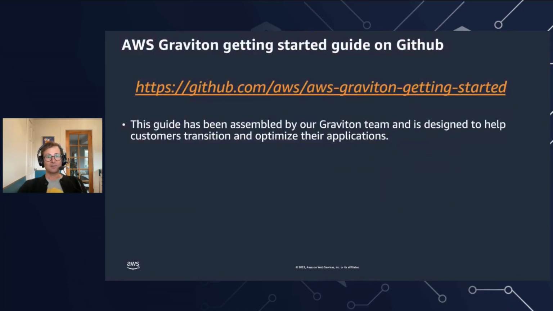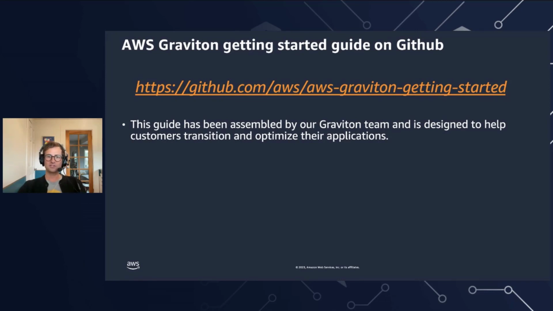One place where you can find a lot of documentation on what are the right versions to target is the AWS Graviton Getting Started guide that we host on GitHub. The guide has been assembled by the Graviton team. It's designed to help you with transitioning to Graviton and optimizing your application.